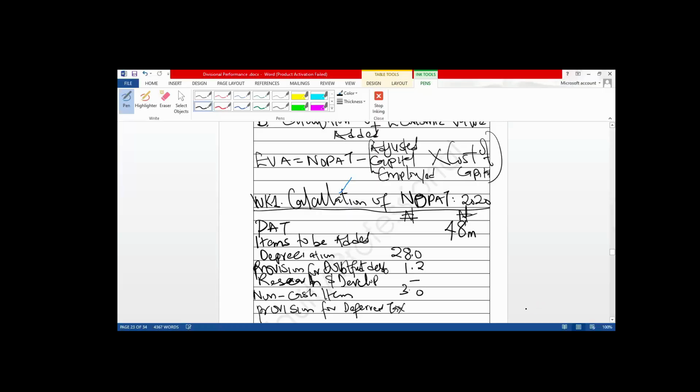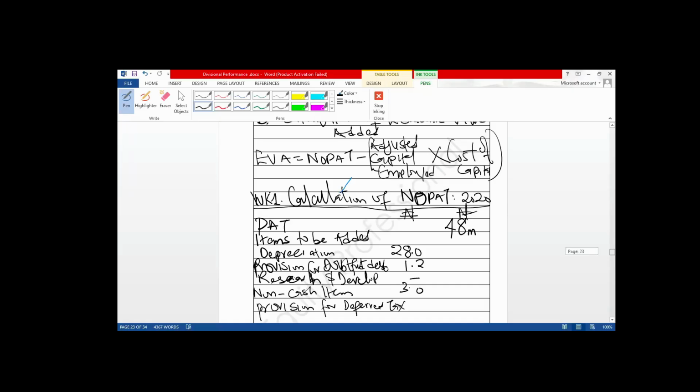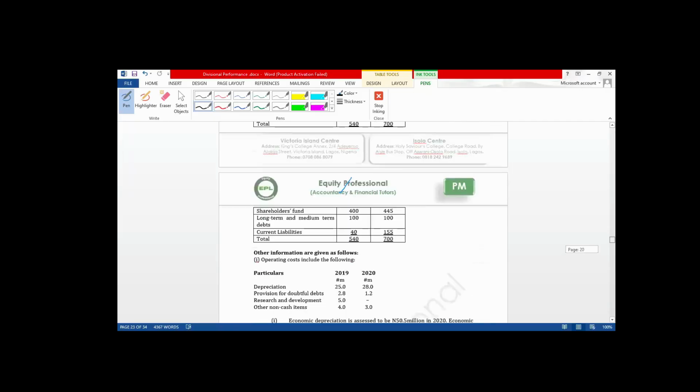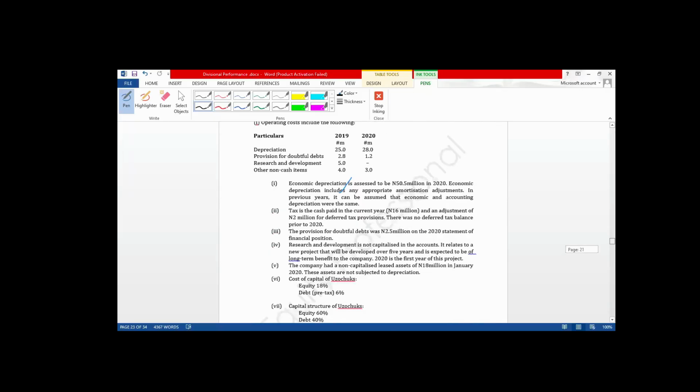Let's go and look at the next notes. Look at these notes. Tax is the cash paid in the current year, 16 million. That's not my problem.